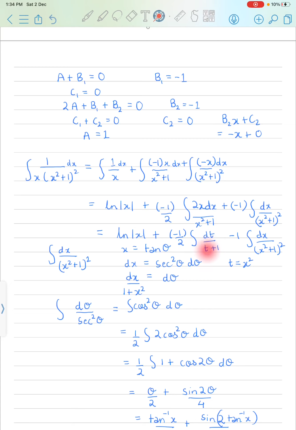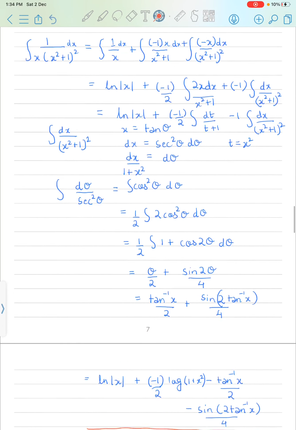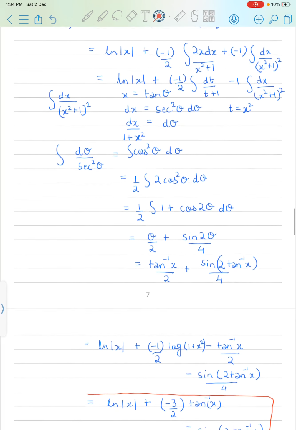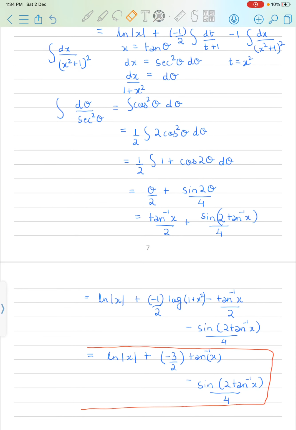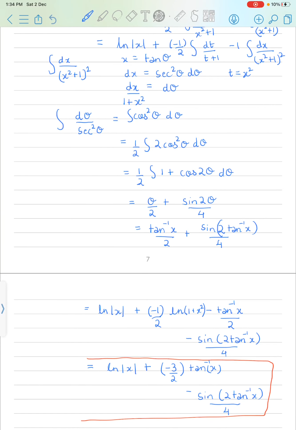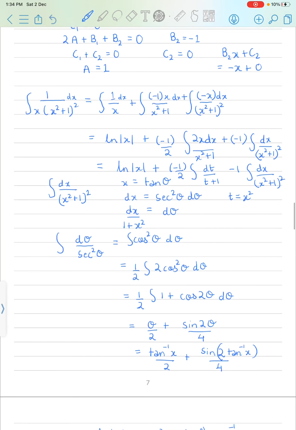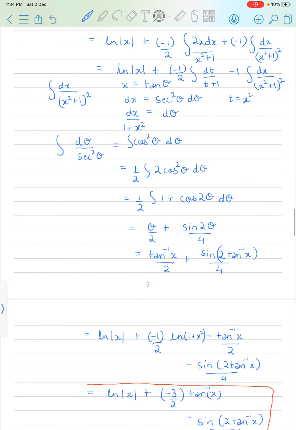Using the substitution theorem for integration, you will get dt by t plus 1. So this will reduce to ln 1 plus t, and t is x square, so ln 1 plus x square.